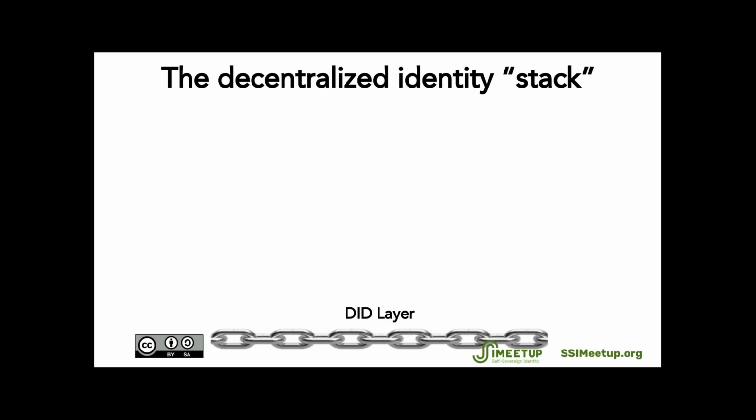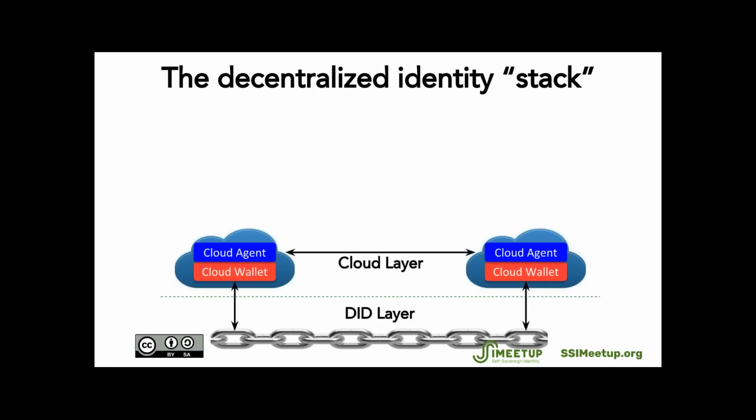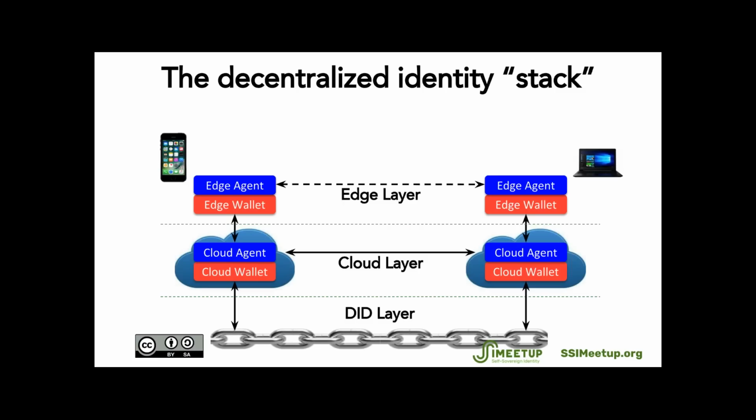All of them together form the DID layer. Above that, in the complete picture, is the picture we use for DKMS, the Decentralized Key Management System design and architecture that I've been part of the team developing over the last 18 months.